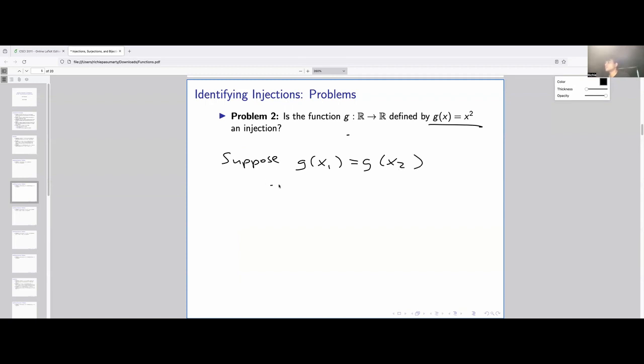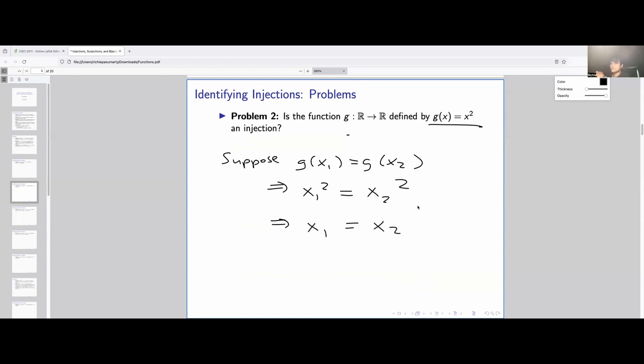So what this means is that x1 squared is equal to x2 squared. And now I can pretty much solve for this. I can get that x1 is equal to x2.